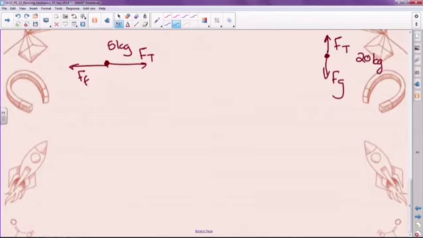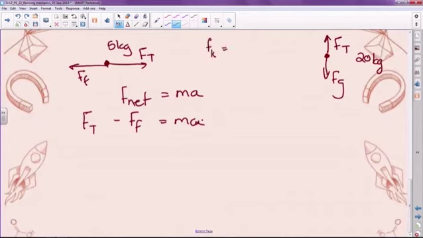Now we need to set up two equations. So F net equals ma for the 5 kilogram, and we go fine, the 5 kilogram is going to move to the right, so Ft is bigger than friction. But we didn't know friction, but what we do know is that friction, and in this case it's kinetic friction, is mu k times N, and of course remember that N is going to be equal to Fg. So, I'm just going to write this in here so I remember that that's what I'm doing.